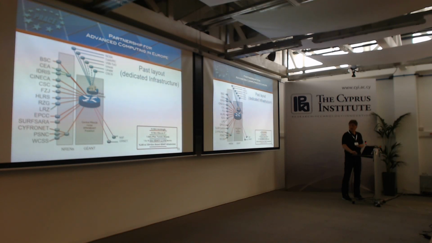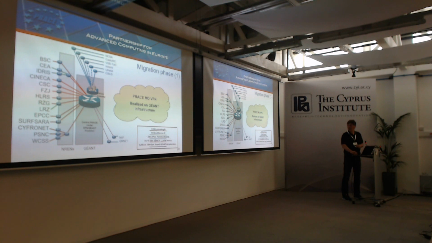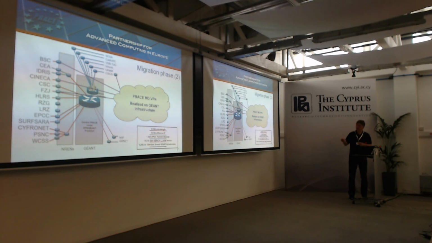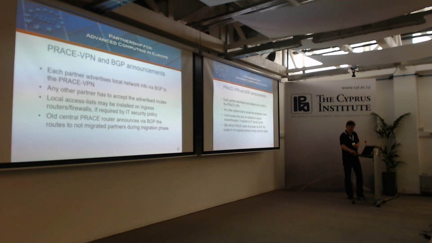So that's the sketch of what we have. That's the old network. We set up this PRACE VPN, realized on our own infrastructure. We connected some sites additionally to the normal links. Here should be a red line. So they have additionally PRACE BGP announcements, so that we get the connectivity between the old and the new infrastructure.